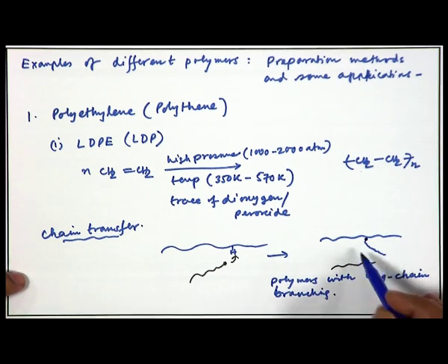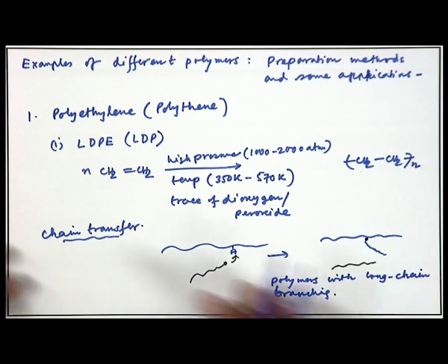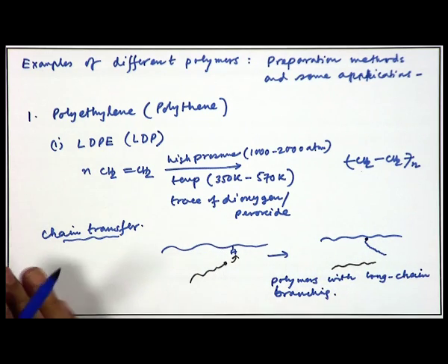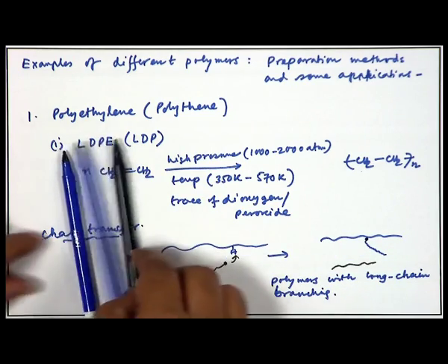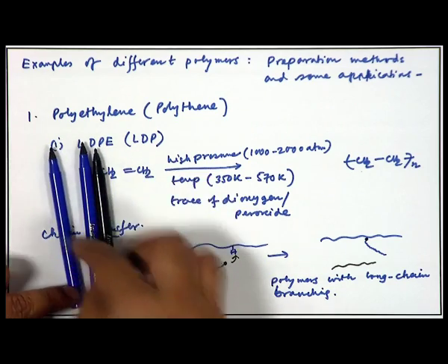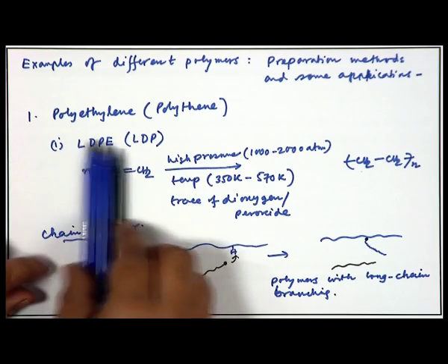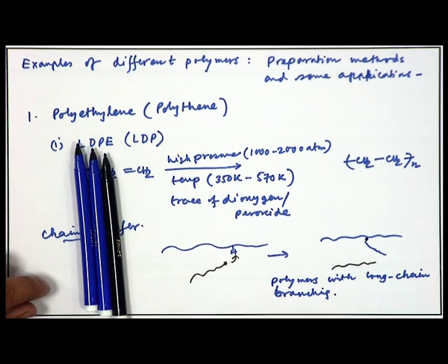And if you have branched molecules, when you mix them together they cannot pack very closely. If you have very linear molecules like this, you can pack one by one. But polymers, as I explained earlier, are not like sticks, they are more flexible.